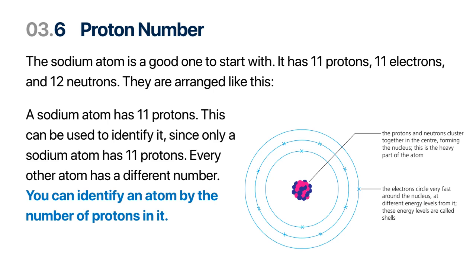Let's move on. So, the proton number. The proton number is just the number of protons in an atom. Now, proton numbers are unique to every atom, right? Each atom has its own proton number. The correct way to look at it is, if you have one proton, you're just hydrogen.